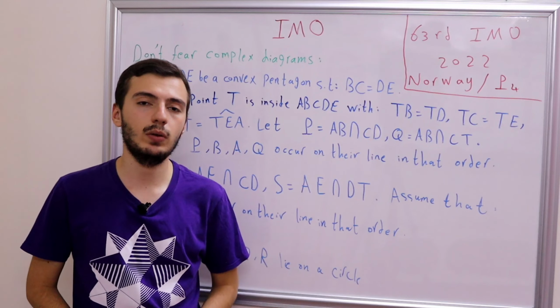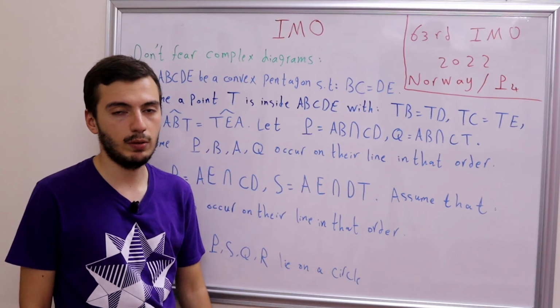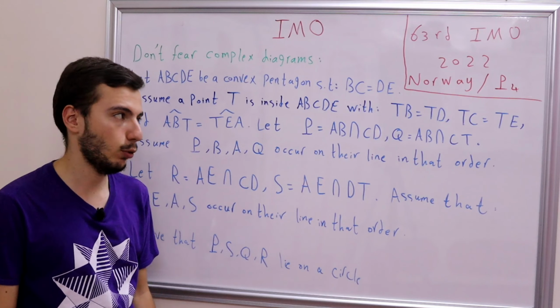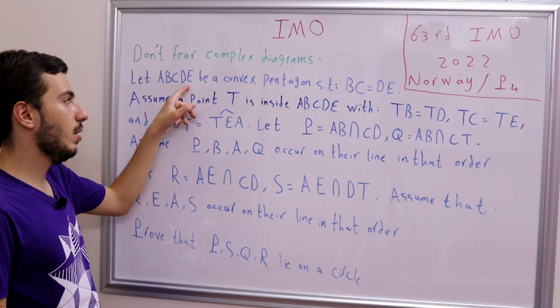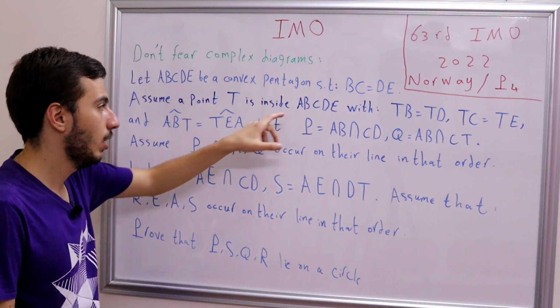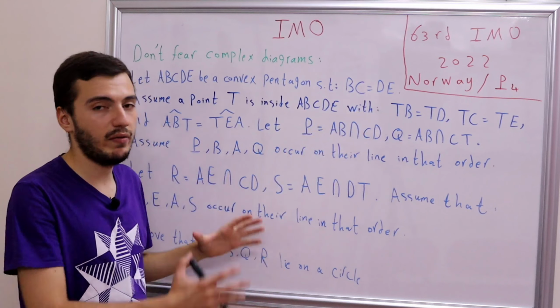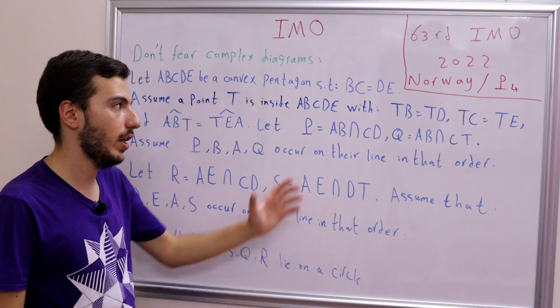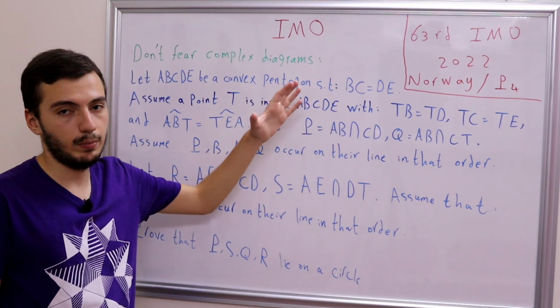Okay, so let's start by reading quickly through the problem statement of this year's problem 4. Let A, B, C, D, E be a convex pentagon such that BC equals DE. So we have a pentagon with the property that the length of BC equals the length of DE, so not any pentagon.